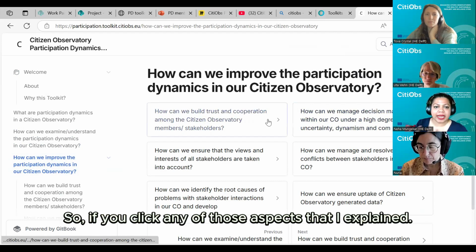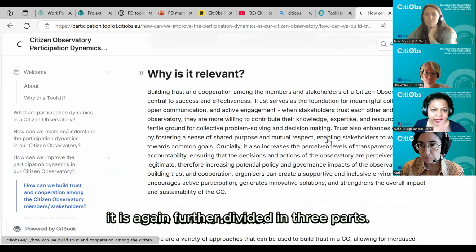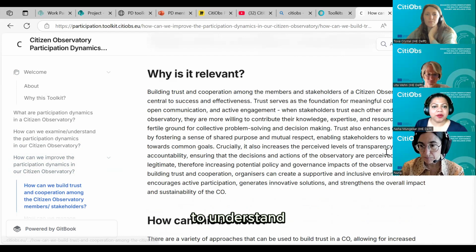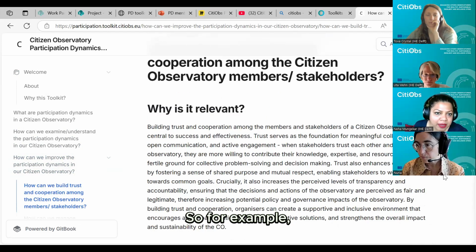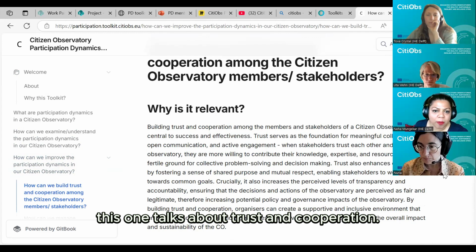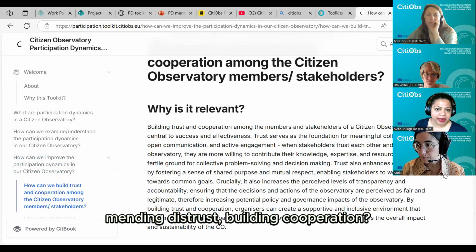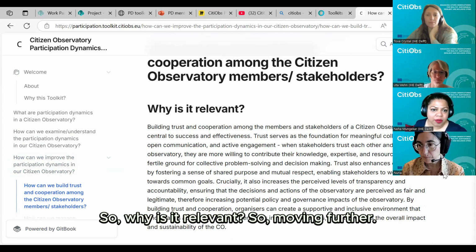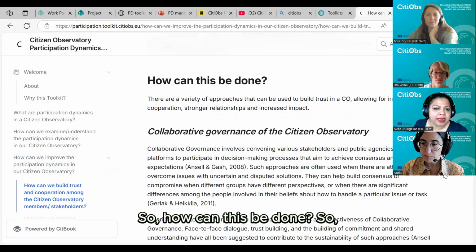If you click any of those aspects that I explained, it is further divided into three parts. So why is it relevant? Basically to understand why we need to understand these approaches. For example, this one talks about trust and cooperation. Why do we need to work on rebuilding trust, mending distrust, building cooperation? This aspect is discussed right at the start. Moving further, how can this be done?